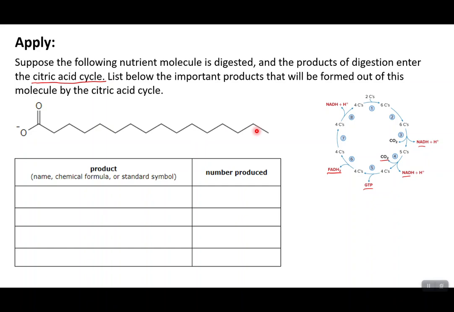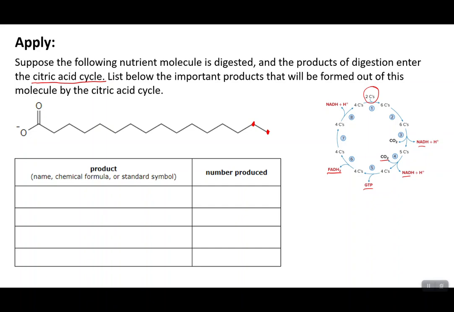The key to solving a problem like this is recognizing that the acetyl-CoA coming into your citric acid cycle to generate one turn, those two carbons are coming from your building blocks. So these two carbons here are what comes in as two carbons in acetyl-CoA, part of acetyl-CoA.